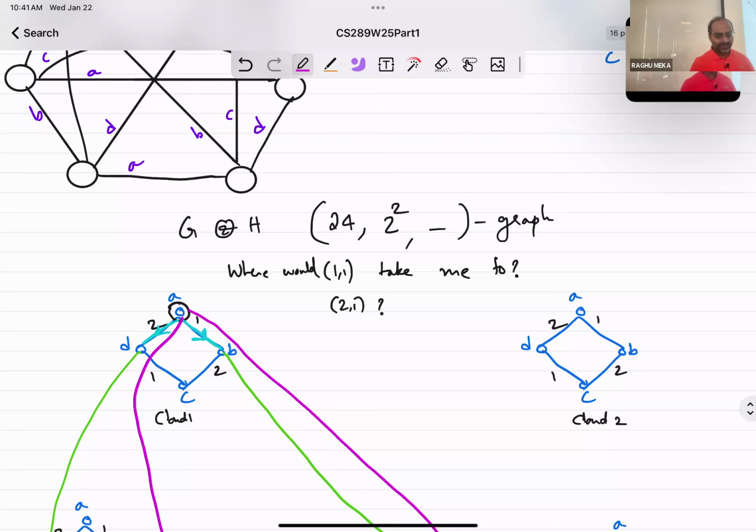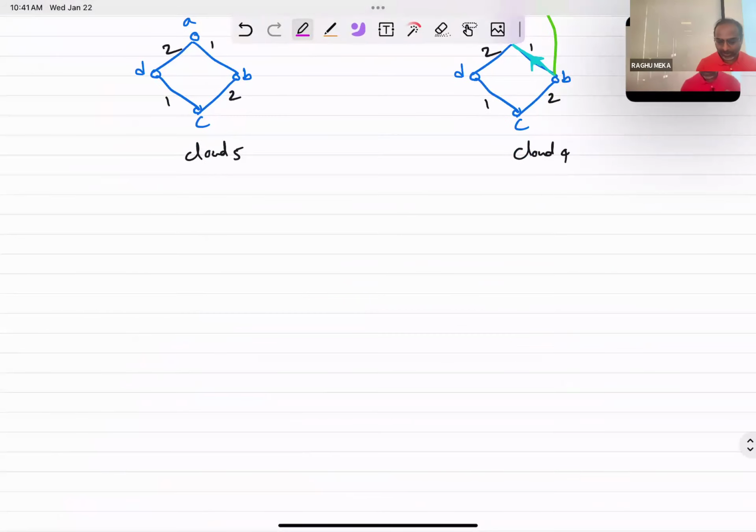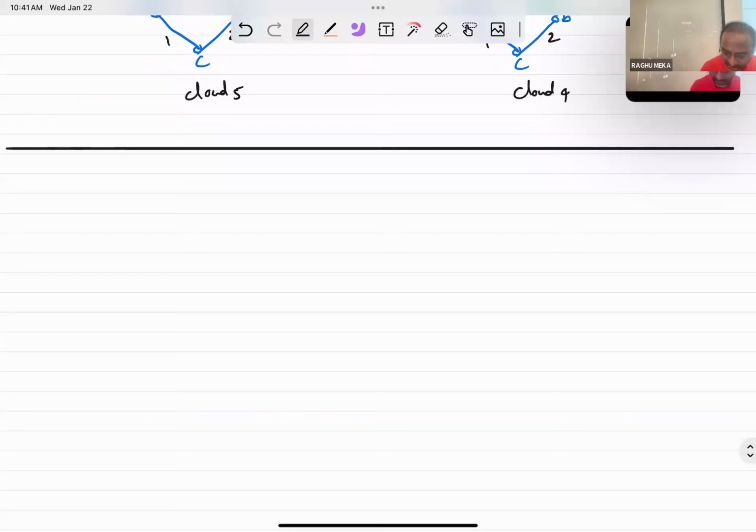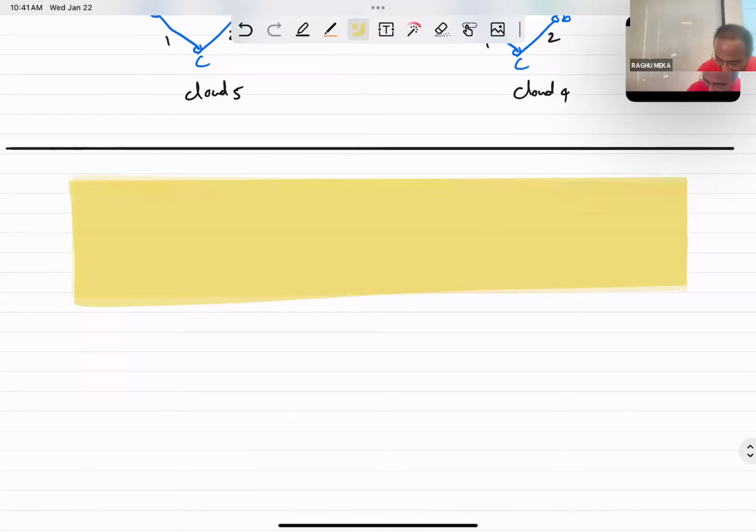All right, okay. So how do I make it formal and so on? That's a good question. It really does depend not just on what G and H are, but also on the labeling, okay? So to make it formal, we are going to use this classical notion, which was around for a long time in graph theory, but not as widely used. It's something called a rotation map.